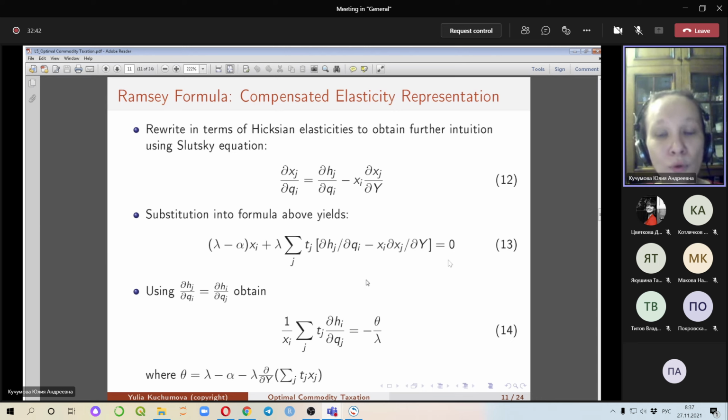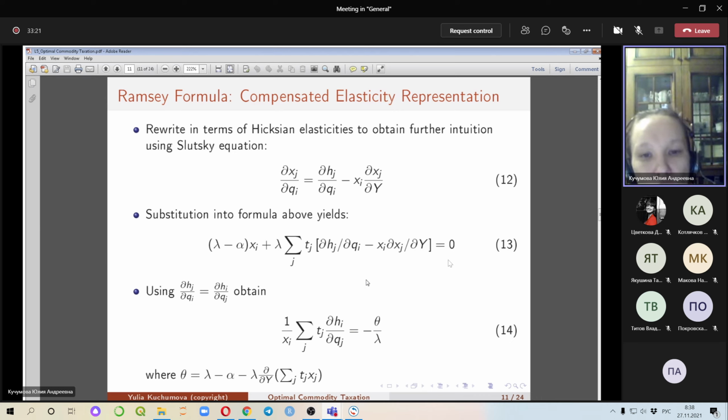I probably could do that, but I did this intentionally, because different textbooks use different notations, and you need to be able to live in this world with different notations. You need to be able to recognize the thing no matter by what letter it's denoted. So h is Hicksian demand in this lecture.